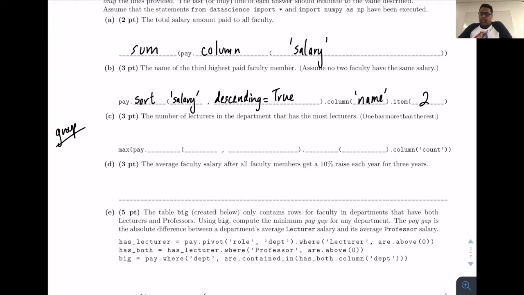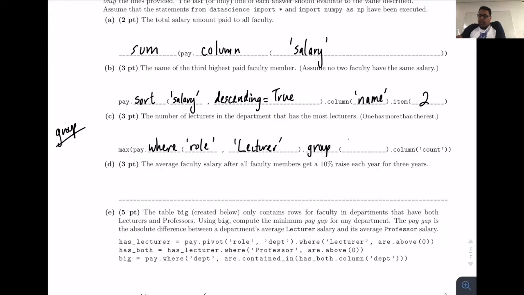Like we don't really care about associate professors or professors in this question. So here is a simple dot where the role is equal to lecturer. All we care about is lecturers in this case. So we can just do pay dot where role is equal to lecturer.